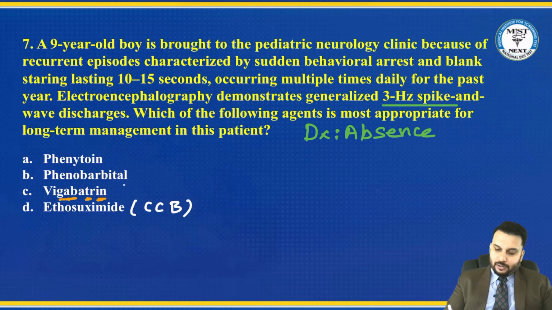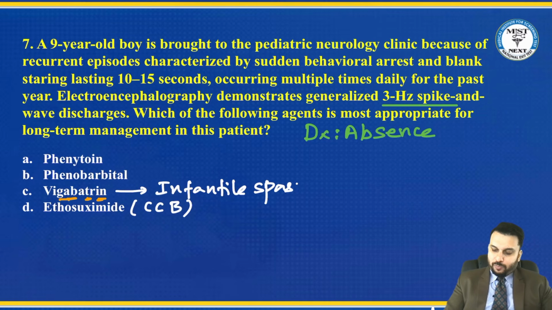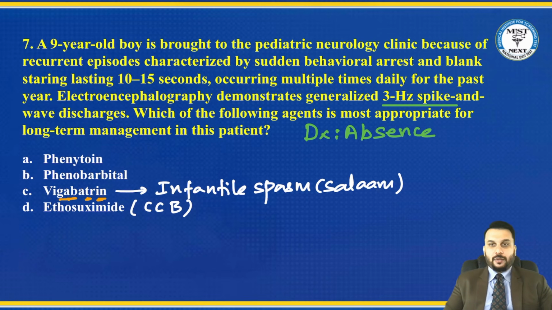Vigabatrin is a drug that is used for another situation in children only. Okay, it is used for infantile spasm, which is popularly known as salaam seizure, plus when there is a disease called tuberous sclerosis.